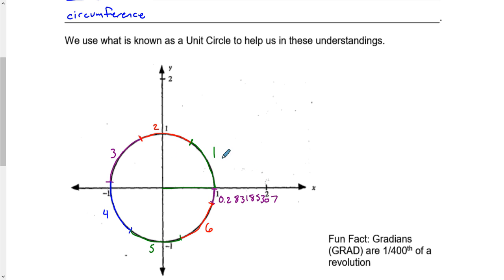So 360 degrees would equal approximately 6.28 radians. Now the symbol for radians is the R. It doesn't necessarily need to be written, because if it's not written, then it's already implied that it is radians.